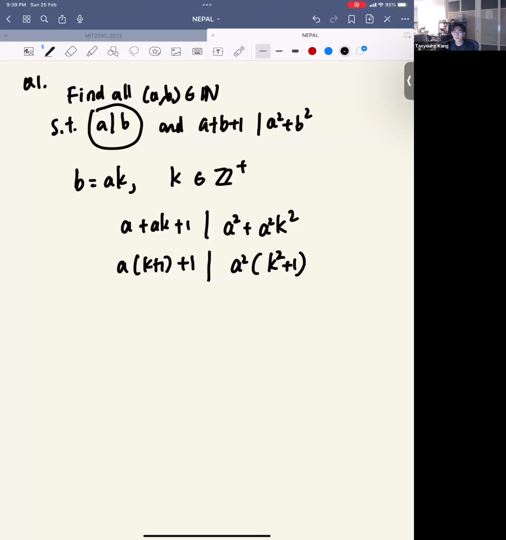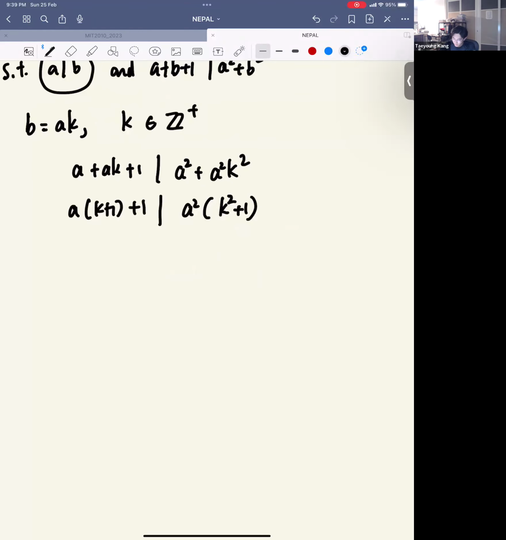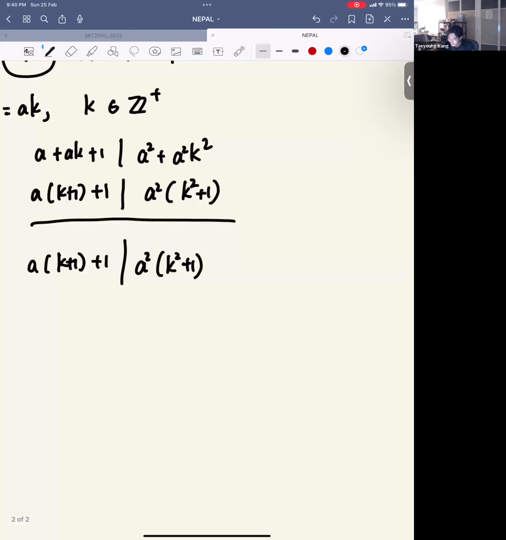And now, as Sandesh mentioned, we can use the Euclidean algorithm on this, right? So if this condition is true, it means that A(K plus 1) divides A squared times (K squared plus 1) minus (K minus 1) times the whole of the left-hand side.